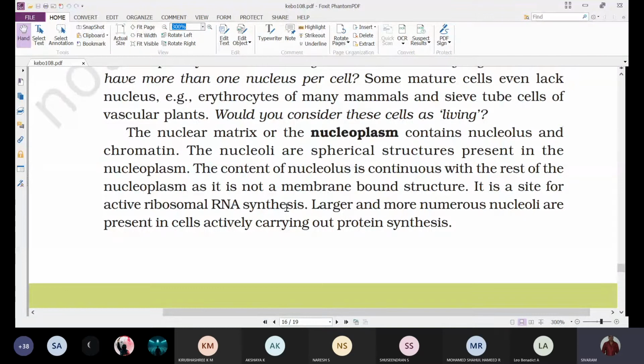We know very well that ribosomes are involved in protein synthesis. Continuously, proteins have to be synthesized in our body to bring about different metabolic activities. So the RNA associated with the ribosomes is synthesized in the nucleolus.